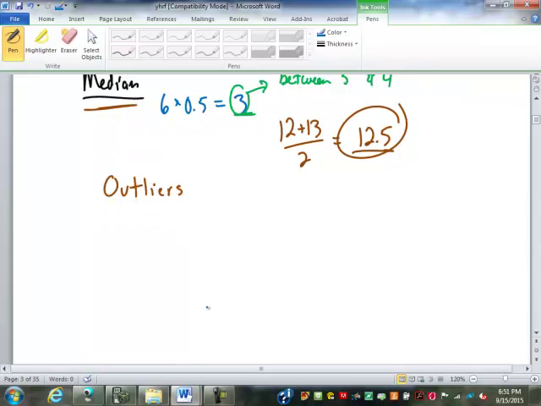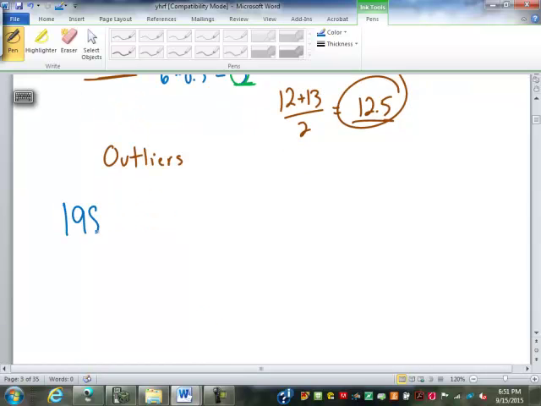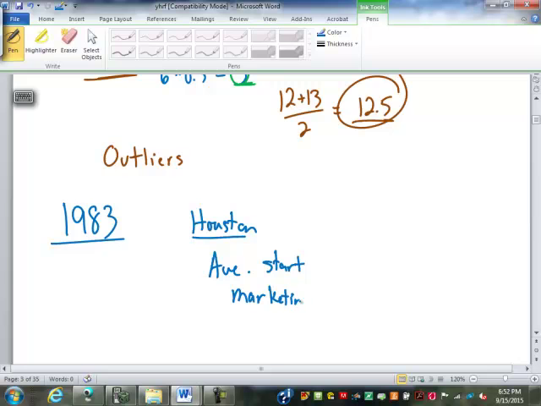In 1983, University of Houston advertised that the average starting salary for a graduate in their 4-year marketing program was just over $78,000 a year.